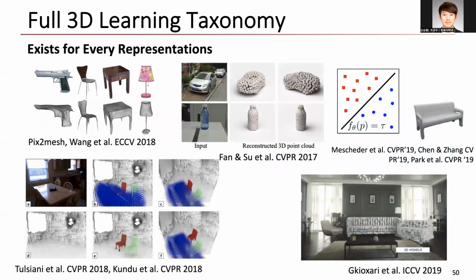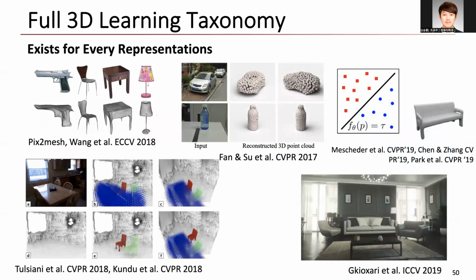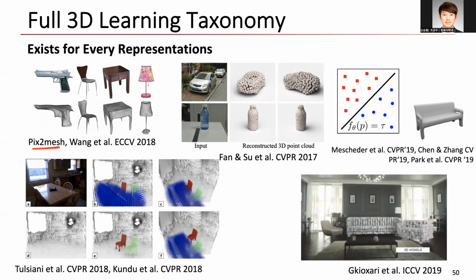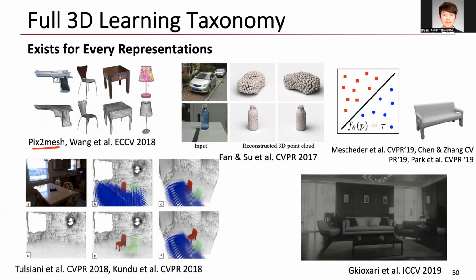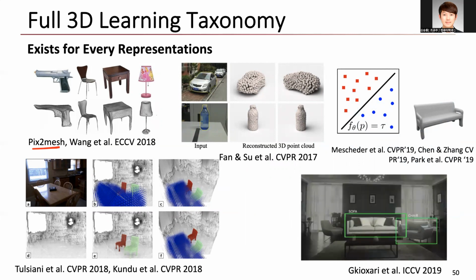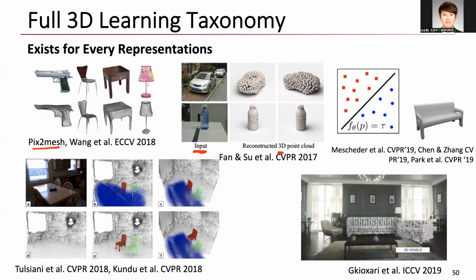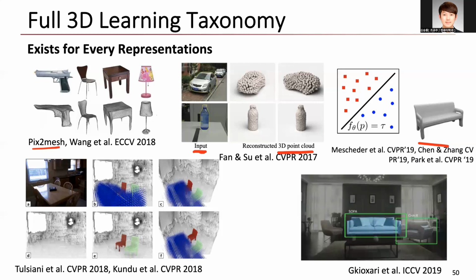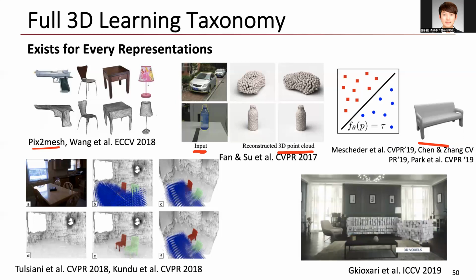This kind of technique can be used with any representation. For example, pixels to meshes, the input image to a mesh. We can learn the mapping function between the input image and the mesh model, or the input image and the point cloud model, or the input image and the SDF, occupancy representation, or what else?